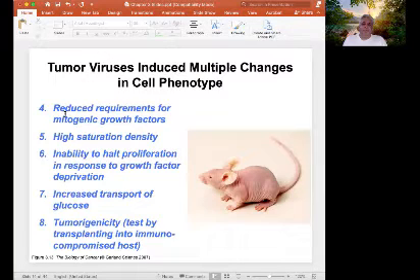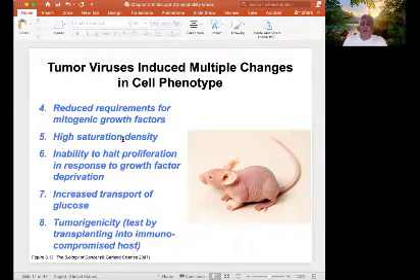Normal cells require some growth factors in order to induce cell division. Tumor cells somehow switch those mechanisms off or alter them in some fashion. So there's a reduced or completely absent requirement for these growth factors.